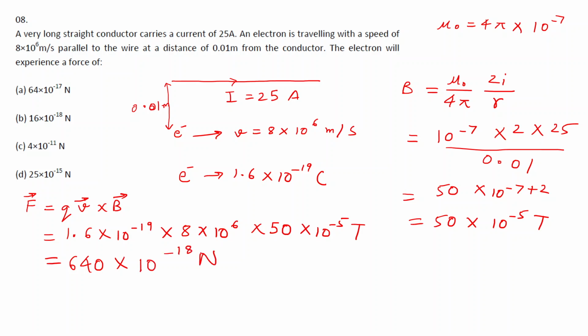The force SI unit will be Newton. The magnitude is matching, just the powers change, so I can write it like 64 times 10 to the power minus 17 Newton.